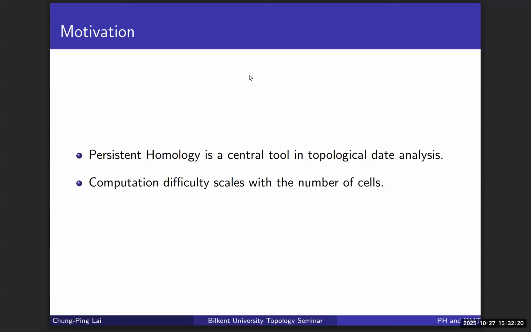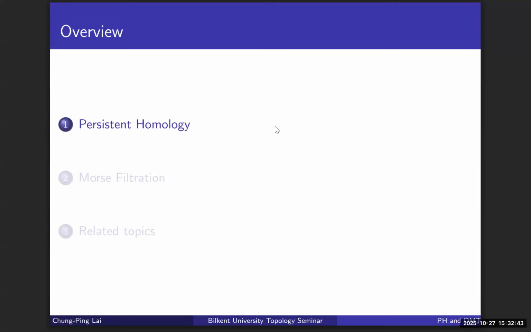As we discussed last week, discrete Morse theory is one way to reduce the number of cells, so it makes sense to see if you can use discrete Morse theory to reduce this complex. So this is the overview.